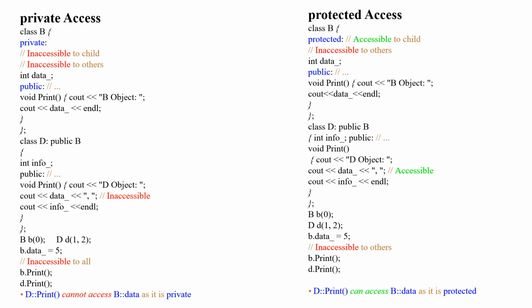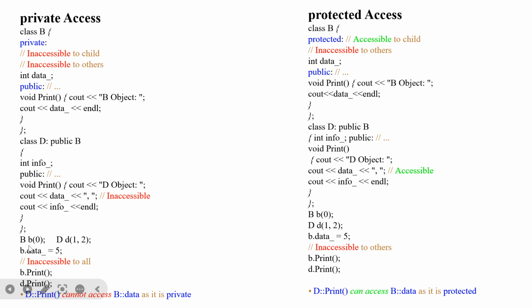So we can see an example for the private access. Here we have two classes named B and D. Class B has the private data named data underscore, and in public we have a function named print. Likewise, class D is derived from public B. Here we have the data member info, and also a function named print.